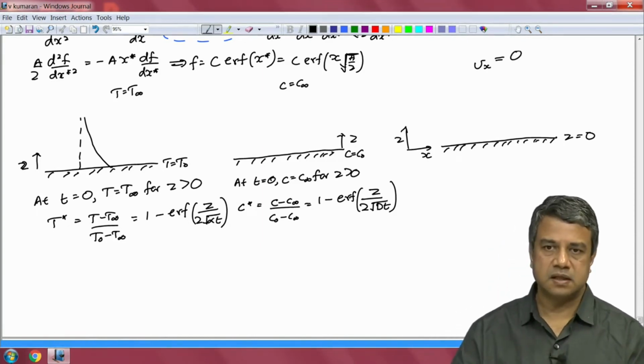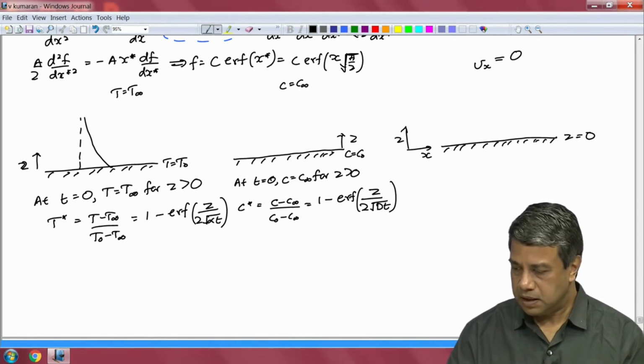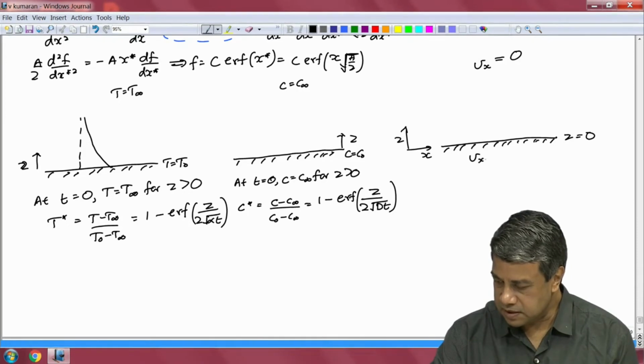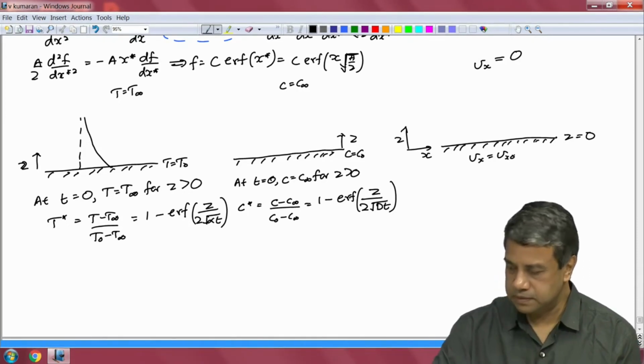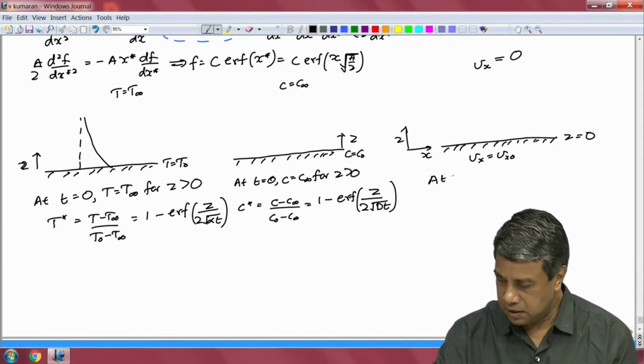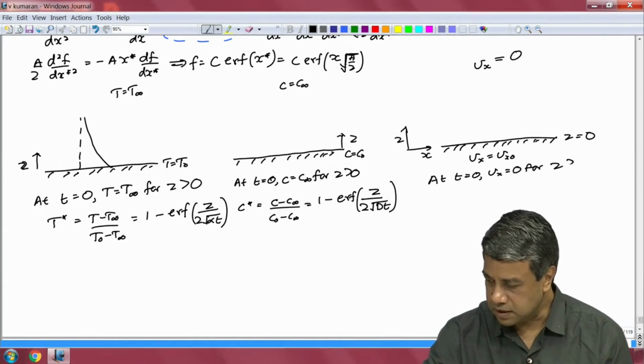So, you have a stationary fluid far away, and at time t is equal to 0, this surface has a velocity Vx naught. And at t is equal to 0, Vx is equal to 0 for all z greater than 0.